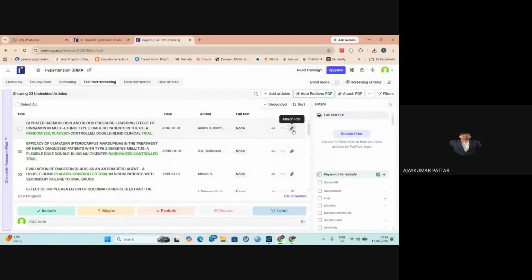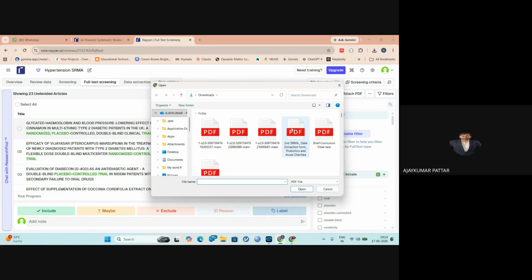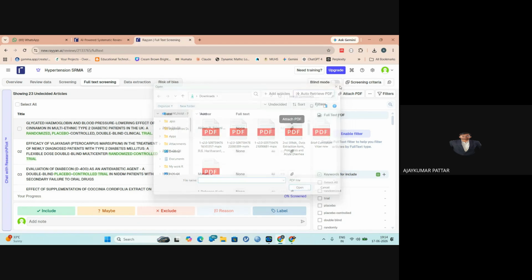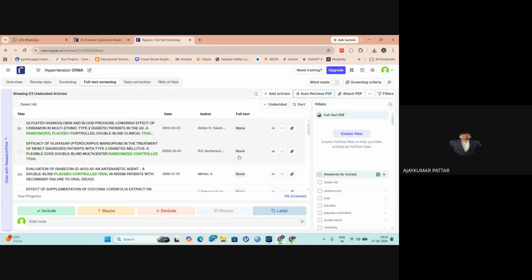You can click here and attach the PDF. If you click here, you have to download the full articles into a specific folder and upload from that particular folder.